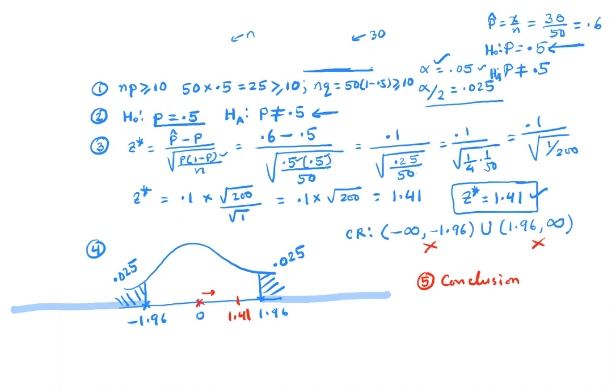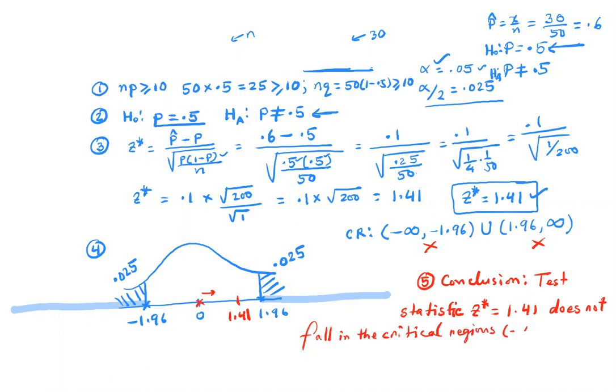Okay. Conclusion: the test statistic Z star is equal to 1.41 and does not fall in the critical regions, negative infinity to negative 1.96 union 1.96 to positive infinity.